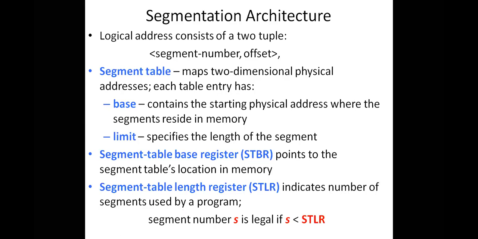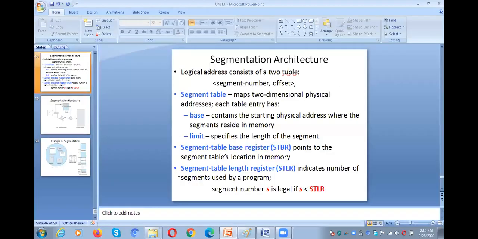That means the entire user process is divided into segments. That length will be indicated by the segment table length register, whereas the segment table base register points to the segment table location in the main memory. Why? Because we need to keep the segment table in the main memory, right?